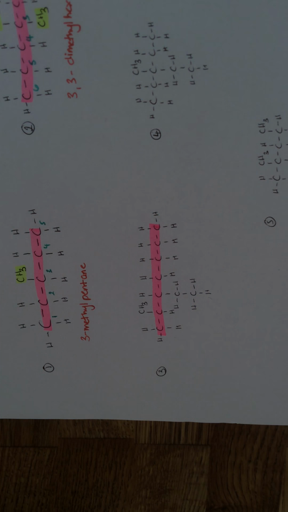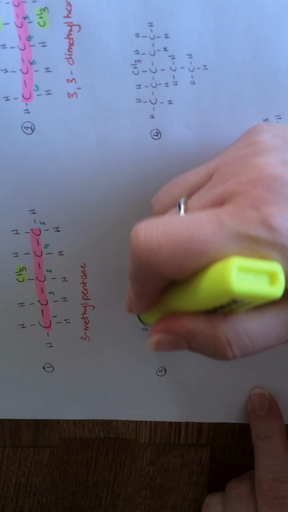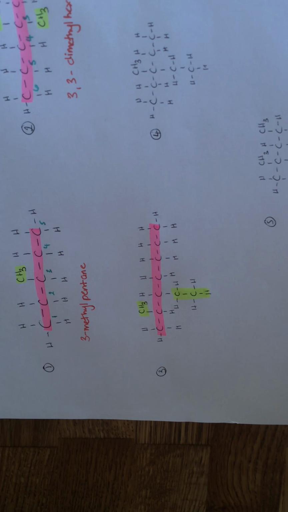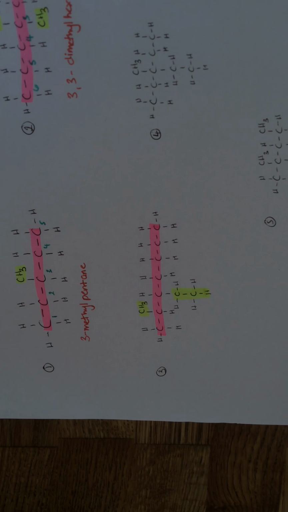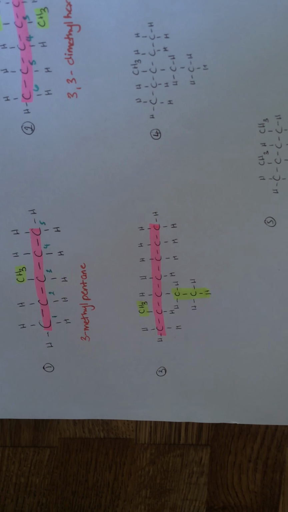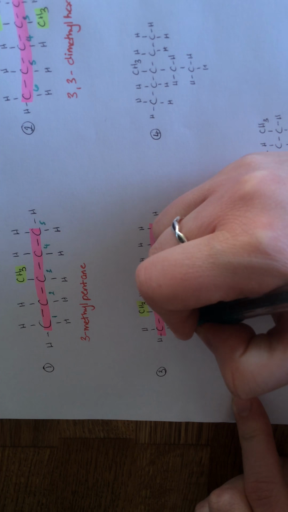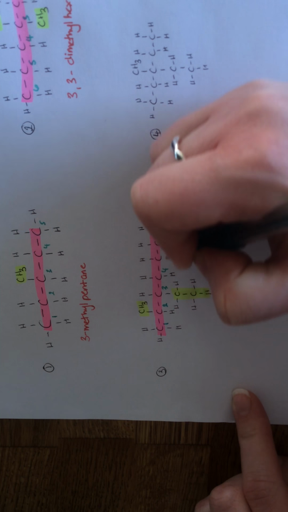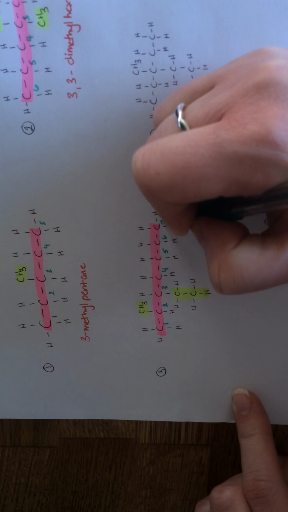Does it have any branches? Yes, it does. One here and one here. Are these branches the same type? No, they're not. So what side has higher priority? They're both closer to the left-hand side, so we're going to prioritise from here: 1, 2, 3, 4, 5, 6, and 7.